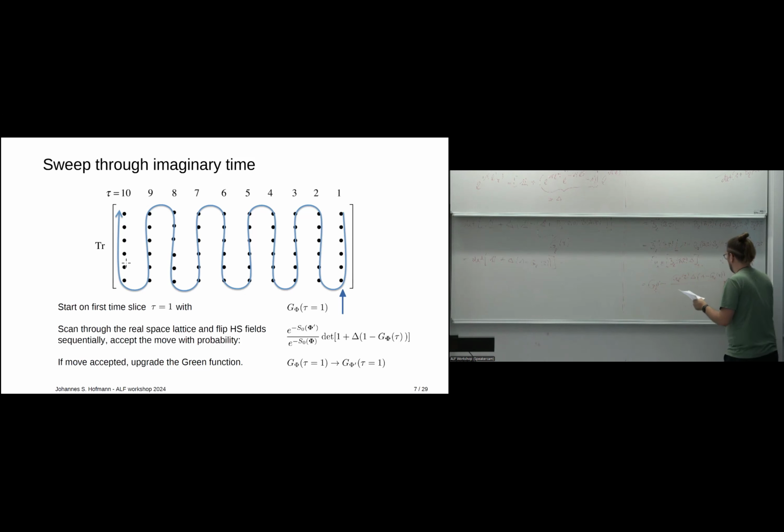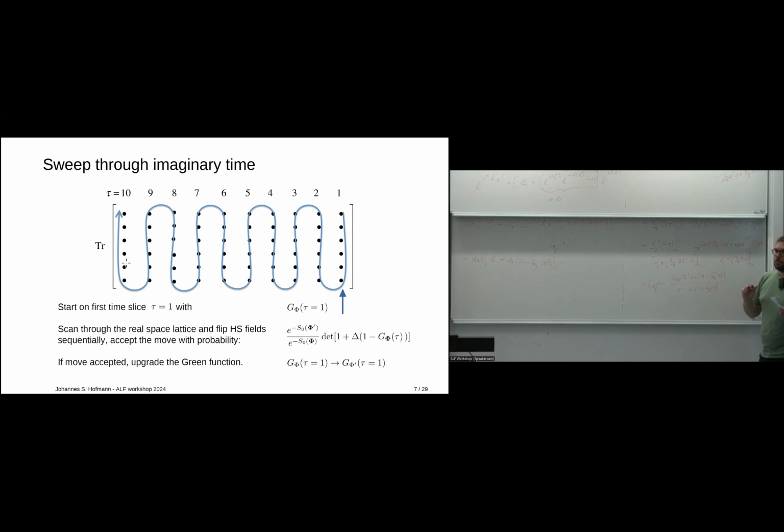And here I divide this by 1 plus delta 1 minus L of tau. And since this matrix is so sparse, this is just a number and I can divide this.